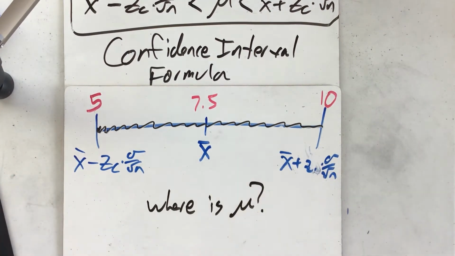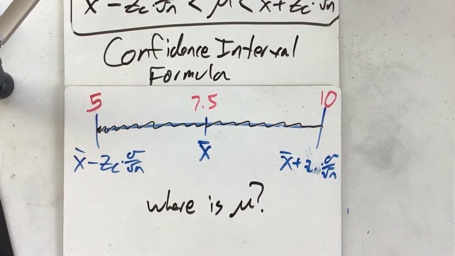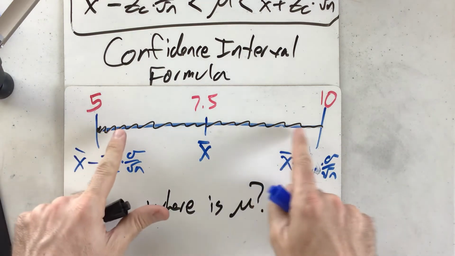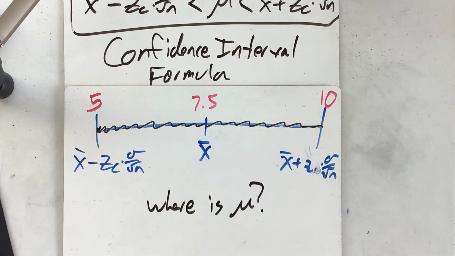And you'd say, I'm 90% confident. That means if I were to do the same experiment over and over again, if you did the experiment, every student in the class does the experiment, 90% of us will have mu in our range. And then 10% of us will have a range that falls either too small or too big and misses the real average. But most of us will have mu somewhere in the middle of this.